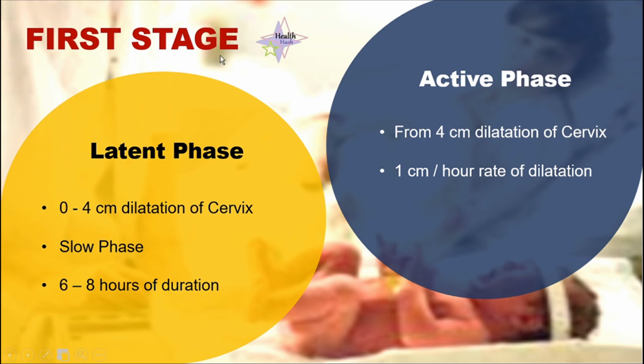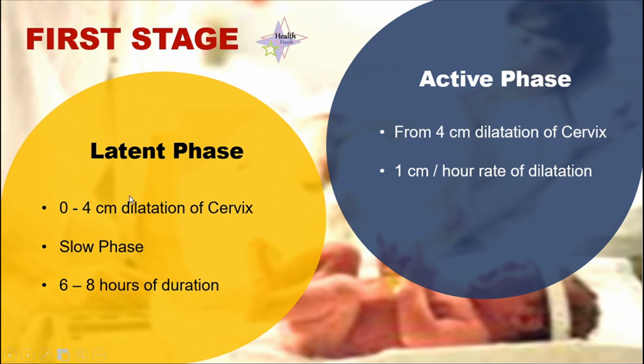The first stage basically means that the cervix is dilating from 0 to its maximum dilation. In the latent phase, the cervix is dilating from 0 to 4 centimeters, and this is a slow phase that takes up to 6 to 8 hours to complete.